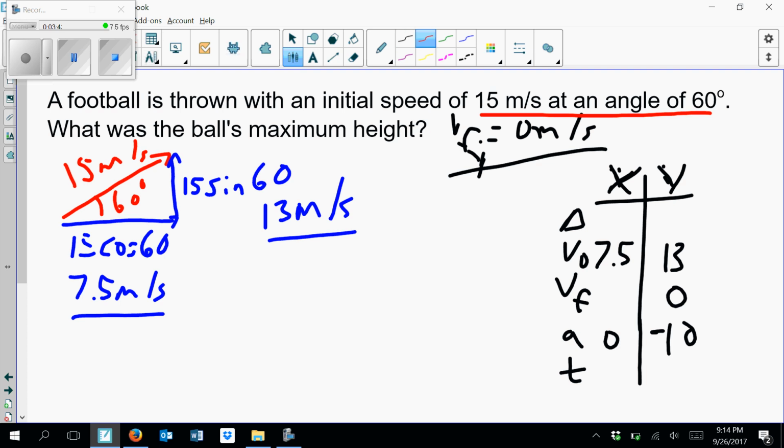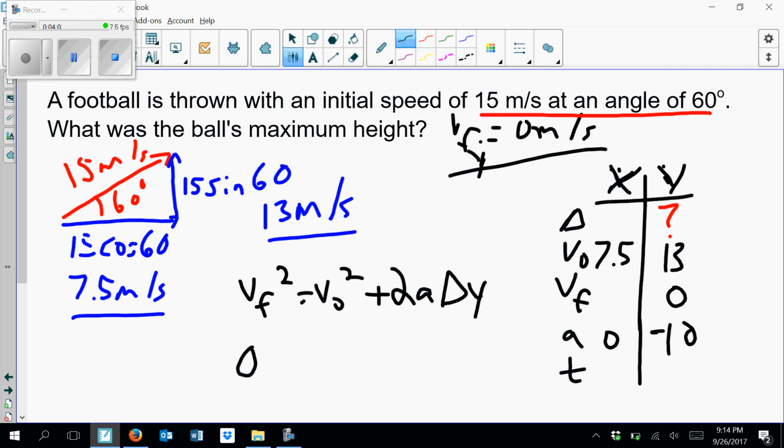So if I'm looking for the ball's maximum height, I'm looking for delta y. If I'm dealing with delta y, v naught, vf, and a, the equation I want to go ahead and use is vf squared equals v naught squared plus 2a delta y.